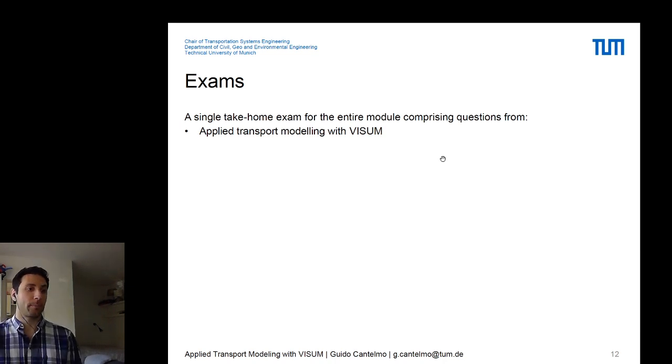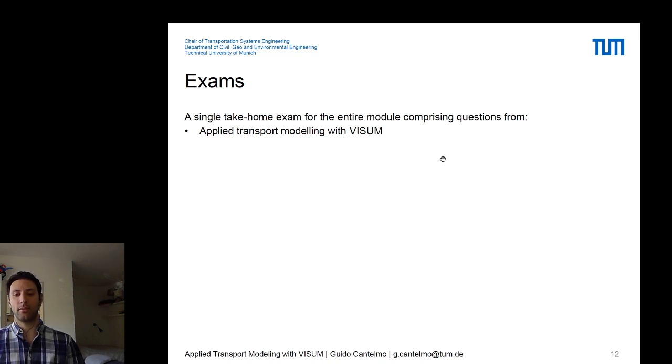And now for the last part of the practical information, the exam. The exam will be a single take-home exam for the entire module and will basically include questions about transport modeling with Visum, which means pretty much everything we will show over the next weeks. Why everything we show over the next weeks?